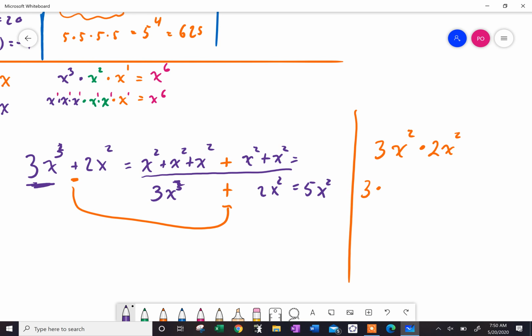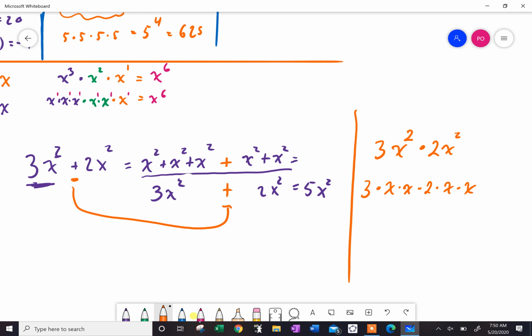Oh, wait, no, I'm sorry, I was wrong. So now I'm going to do another one, and maybe here I'll make it x cubed. No, I'll leave it the way it is. So this really means 3 times x times 2 times x times x.